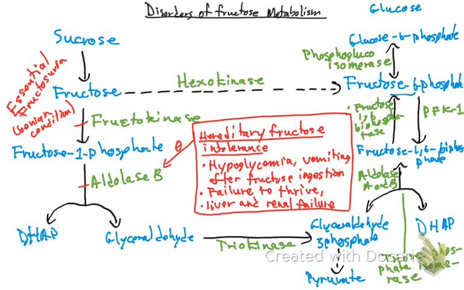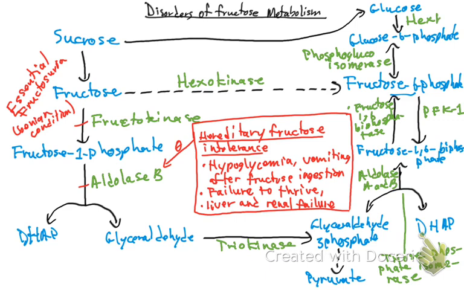This sucrose goes to fructose and to glucose, and then this glucose can go to glucose 6-phosphate using an enzyme called hexokinase, which is the same enzyme that we use to convert fructose to fructose 6-phosphate. So the first enzyme that converts your fructose to fructose 6-phosphate is hexokinase.